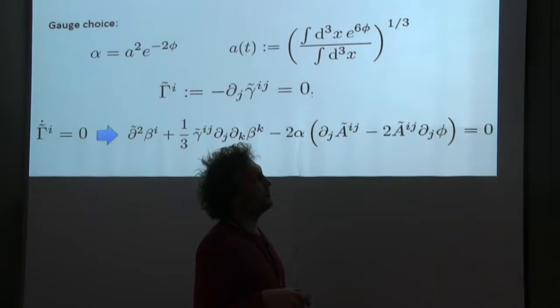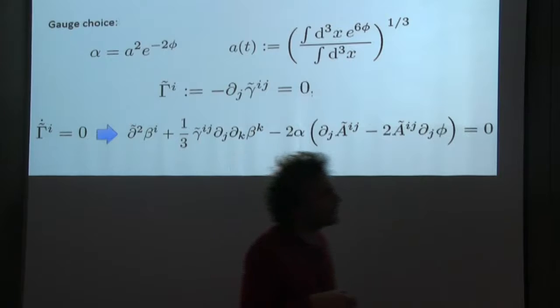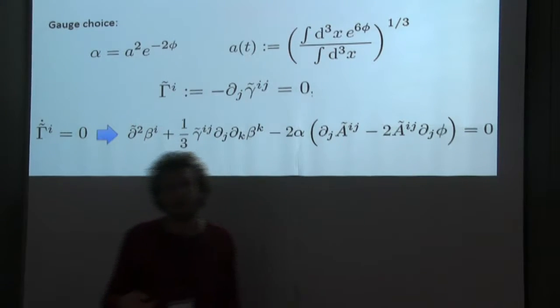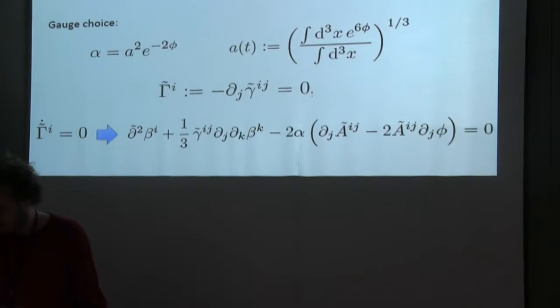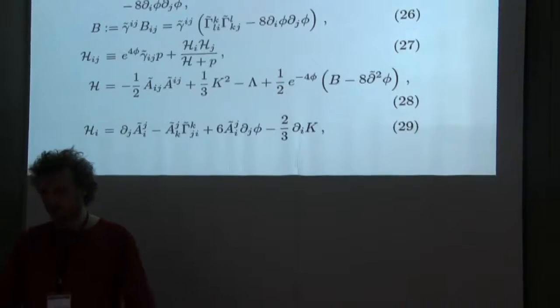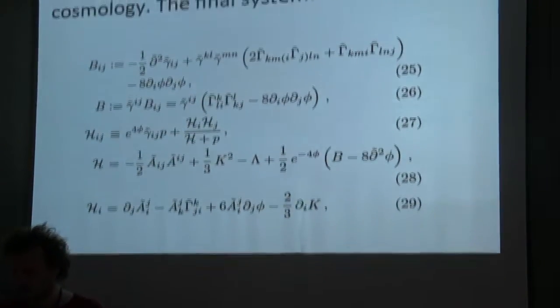To keep this gamma I at 0, we look at the equation for gamma I dot, and it gives us an analytic equation for beta, and we just solve this analytic equation at each time step. That's it.